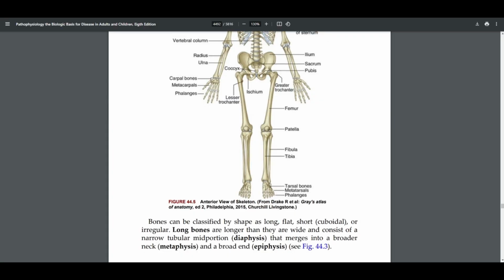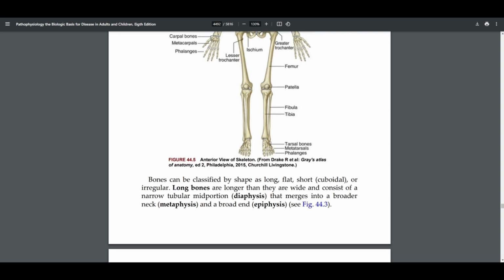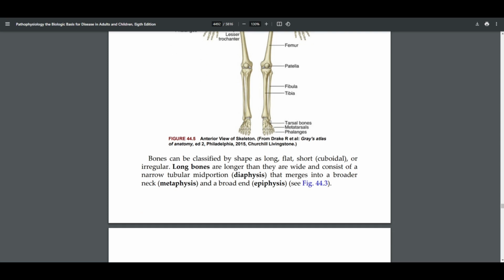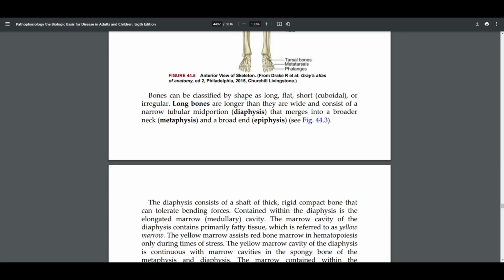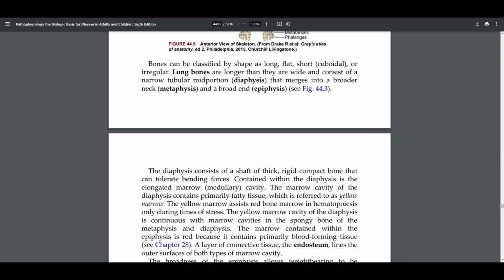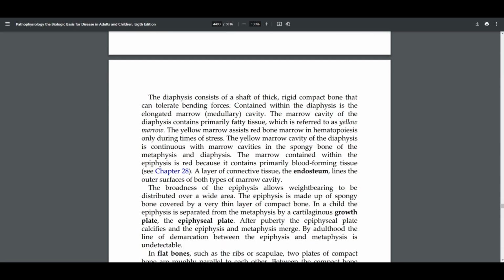Bones can be classified by shape as long, flat, short, or irregular. Long bones are longer than they are wide and consist of a narrow tubular midportion that merges into the broader neck and a broad end. The diaphysis consists of a shaft of thick, rigid compact bone that can tolerate bending forces.